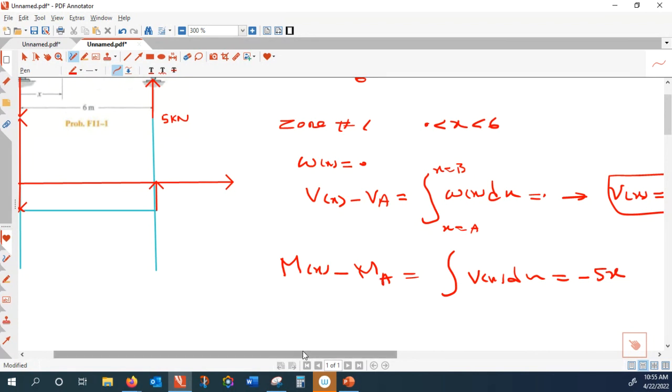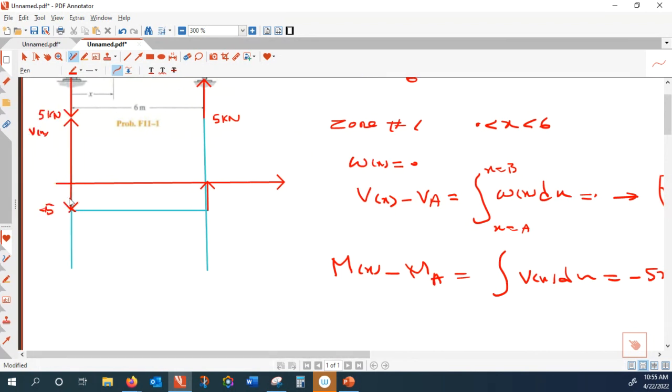But what is M of A? Is there a bending moment at the beginning? That's 0, right? So therefore, in this case, M of x is equal to minus 5x. So minus 5x means my second diagram, which is M of x.